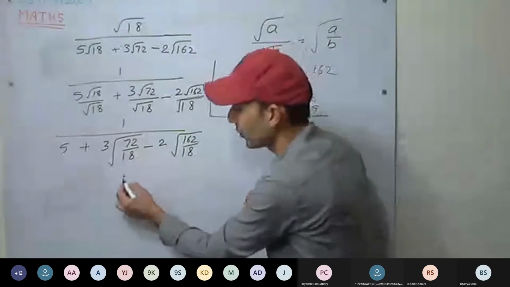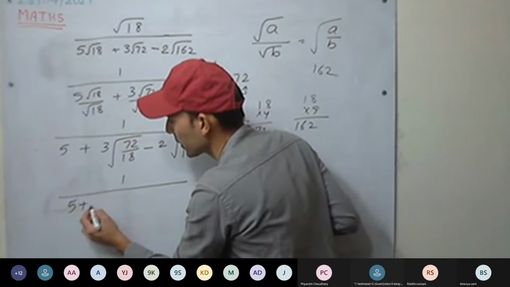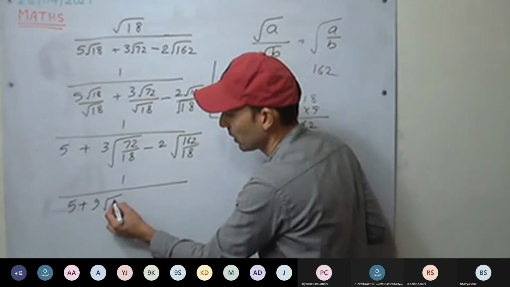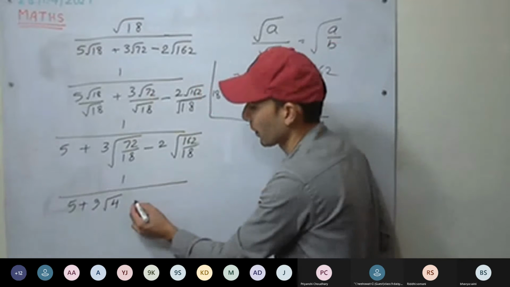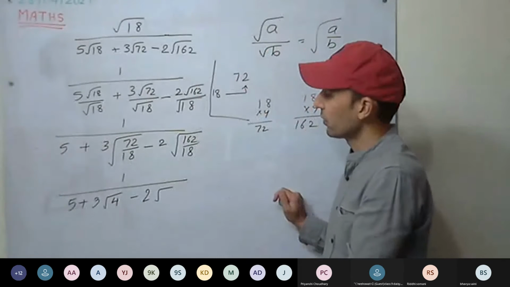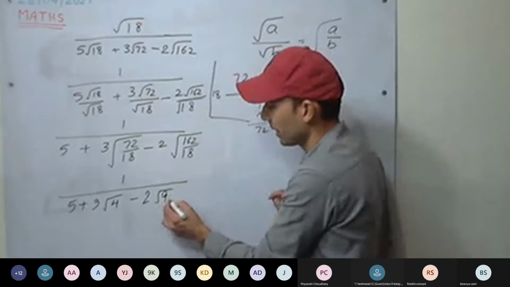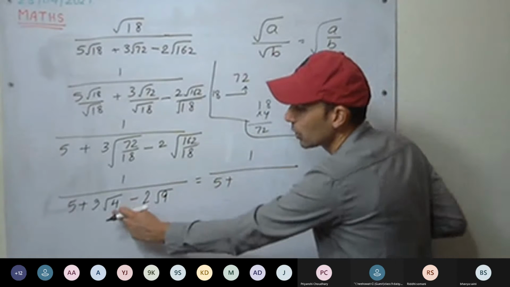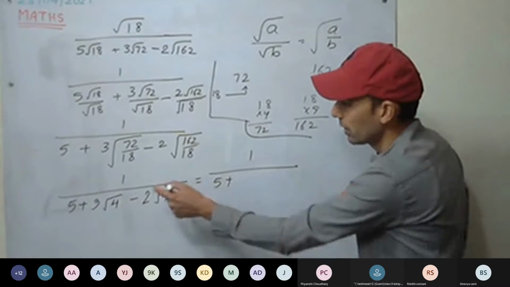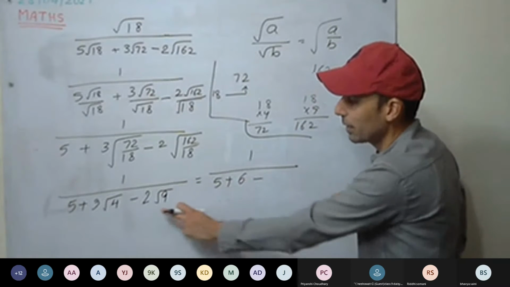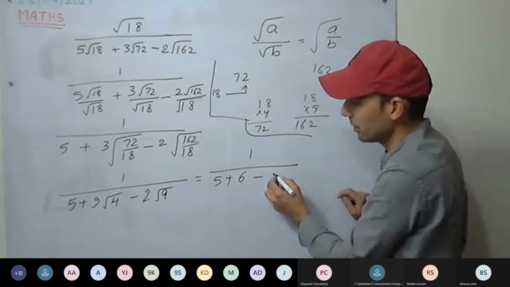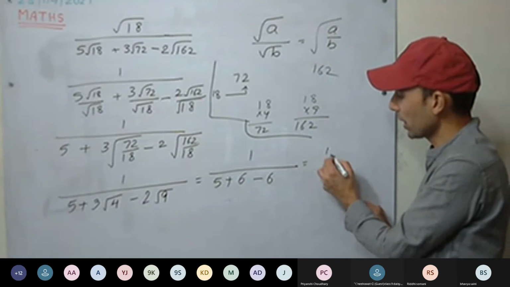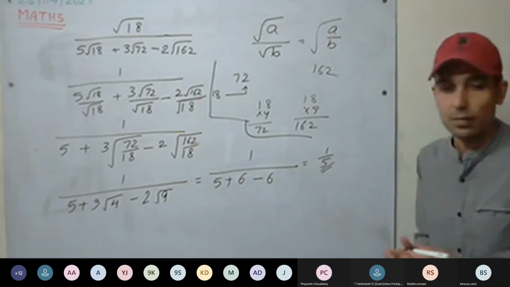What can we write further? 1 divided by 5 plus 3 root 4 minus 2 root 9, which is 1 divided by 5 plus 3 times 2 minus 2 times 3, so 6 minus 6 gives 0. What answer are we getting? 1/5.